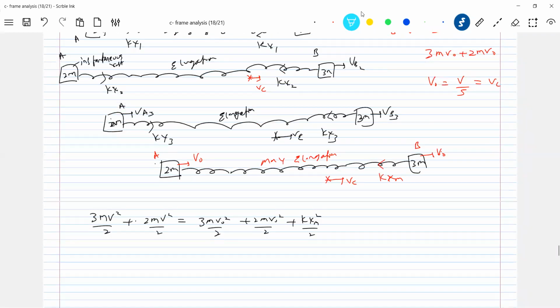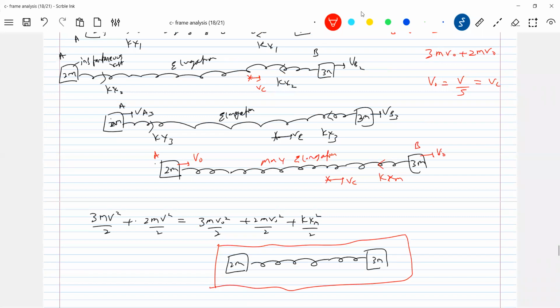Again, now in the ground frame, in the C frame, how will it be? In the C frame, what should the blocks be? They must be at rest, no?